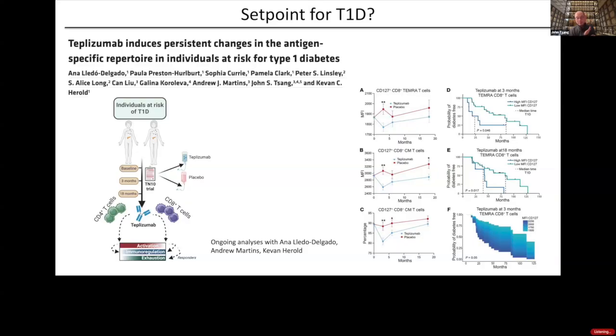So we've been generating data, tracking some of these folks over time to look at what we call induced signatures. So here's one example where the anti-CD3 induces a shift, and those shifts can be distinct between responders and non-responders. So this is just a glimpse of what potential signals we could find, and we're of course interested in looking at the baseline.